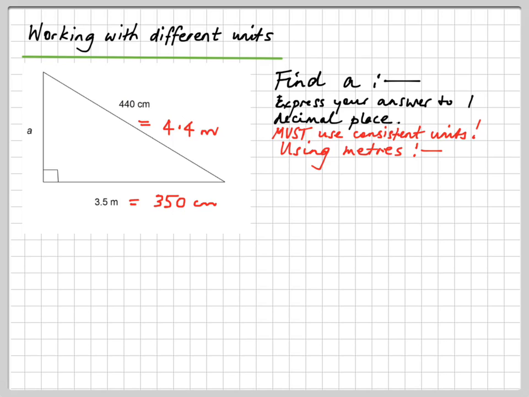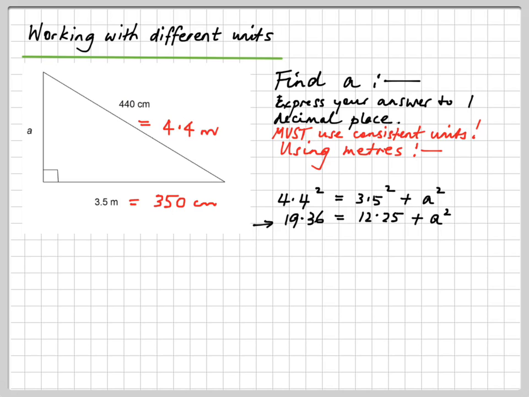Now we'll use our Pythagoras theorem now because it is a right angle triangle. Therefore, 4.4 squared equals 3.5 squared plus a squared. Good? Good. Now let's just get our trusty calculator going and work with that and simplify the next line.